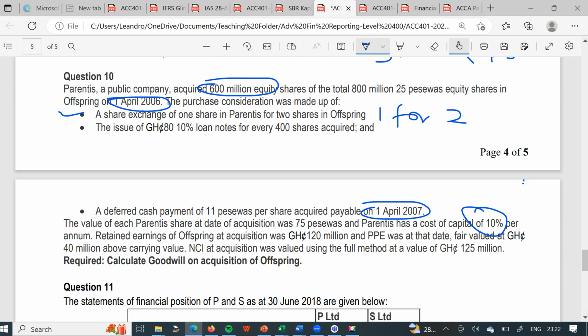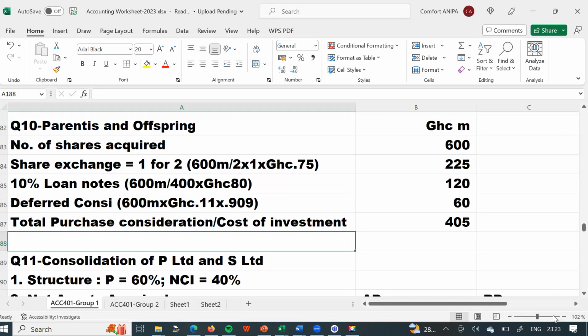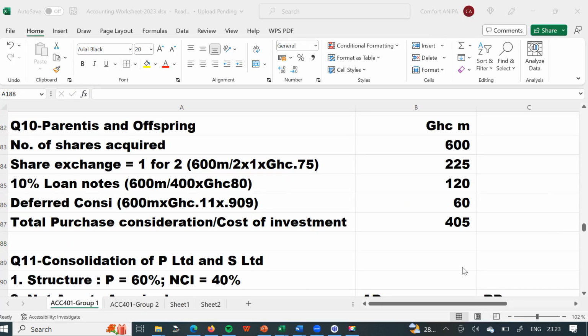Remember, the value of the Parentis share at the date of acquisition is 75 pesos, and so that is what you will use in determining the value of the share for share exchange. Let's see how that will look. Here, the number of shares acquired is 600 million.